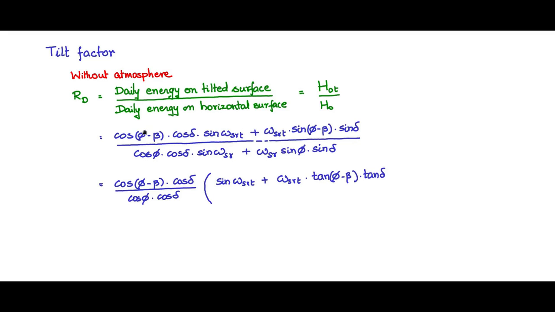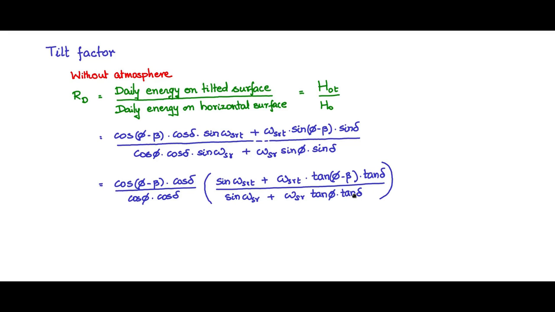This is because you have removed cos(phi minus beta) cos delta. It will get divided by cos(phi minus beta) and cos delta. Likewise, on the denominator side also, you will get sin omega SR plus omega SR tan phi tan delta. Of course, we can cancel out cos delta here.